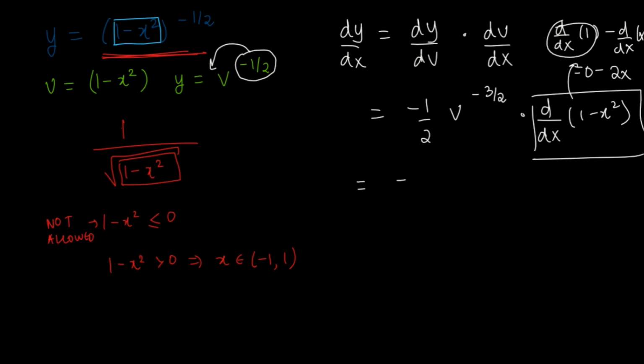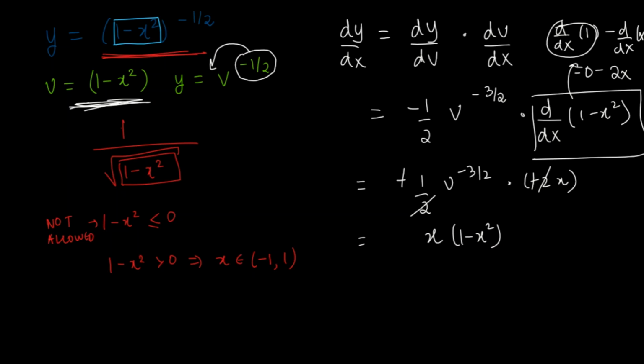Now, you will have negative half v to the power of -3 halves multiplied by -2x. Negative signs cancel out. These 2's cancel out. And you're left with x multiplied by, instead of v, let's just write with the substitution that we had, 1 minus x squared to the power of -3 halves.